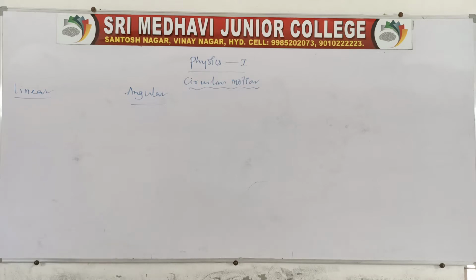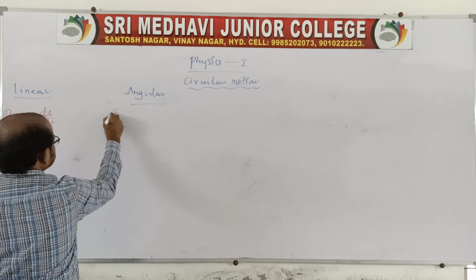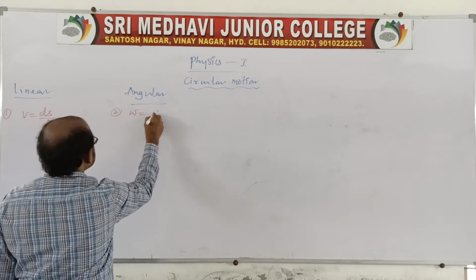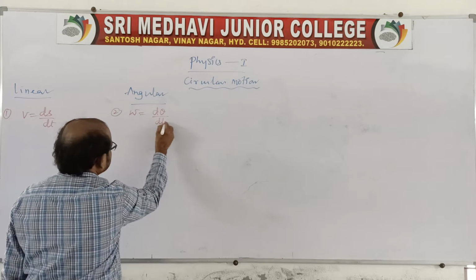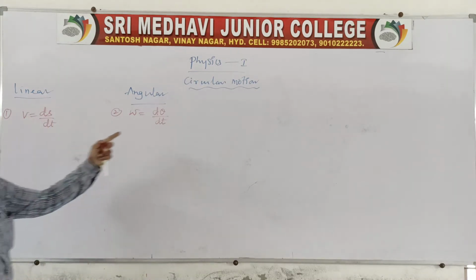Suppose you take the first one in linear quantity, v is equal to ds by dt, this is the rate of change of displacement. In case of angular velocity, we can say angular velocity is nothing but angular displacement by time, the rate of change of angular displacement.